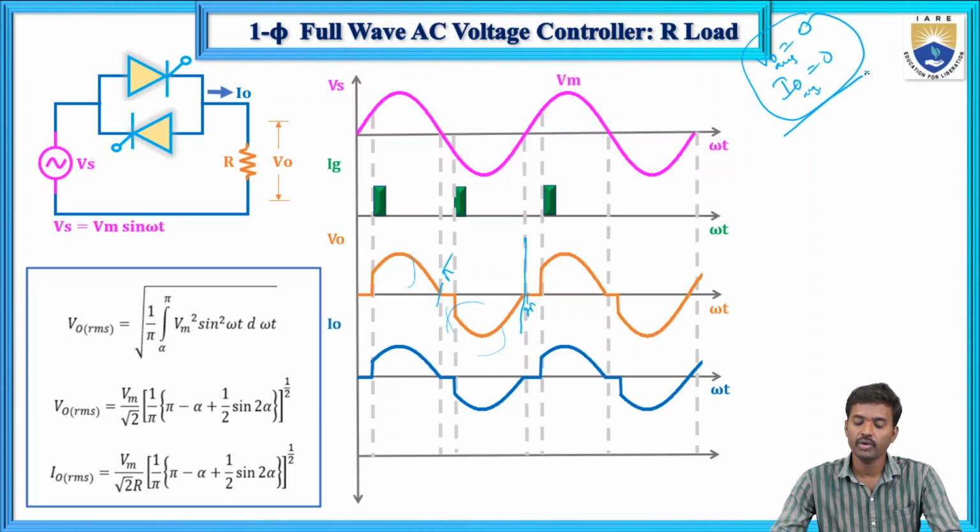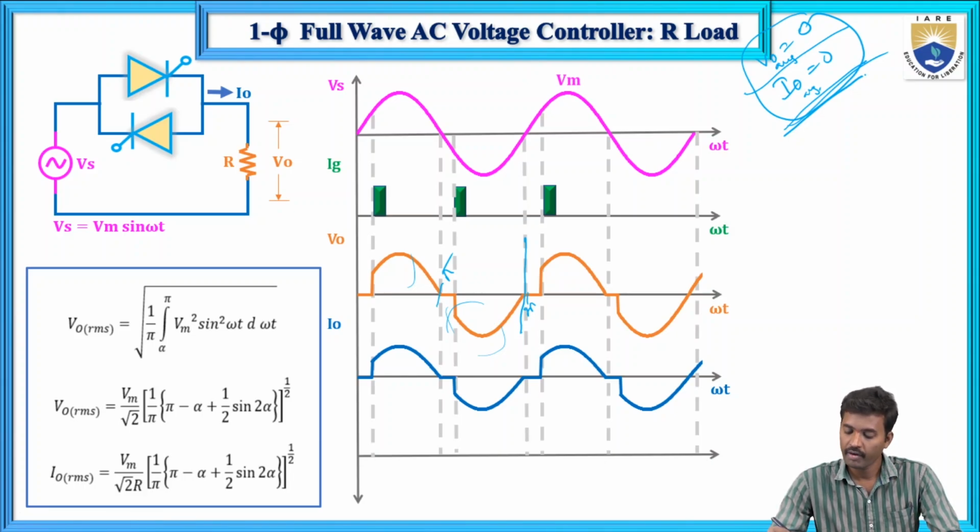For any full wave AC voltage controller with any type of load, the average value is 0 because you will get a symmetrical waveform.